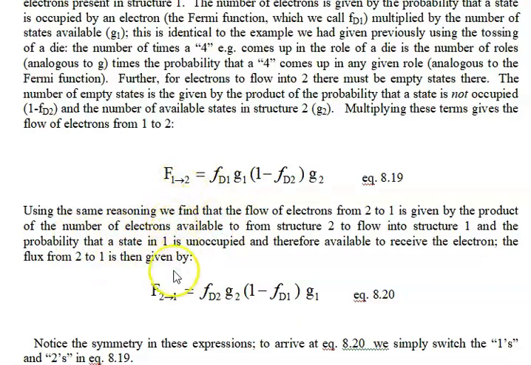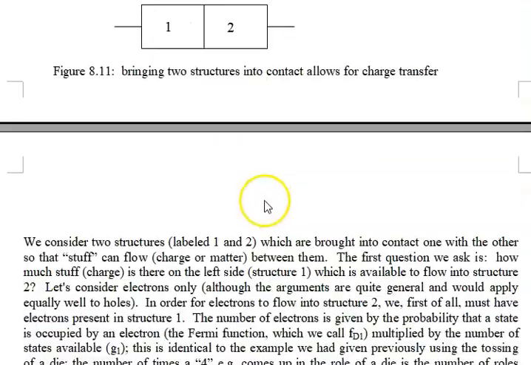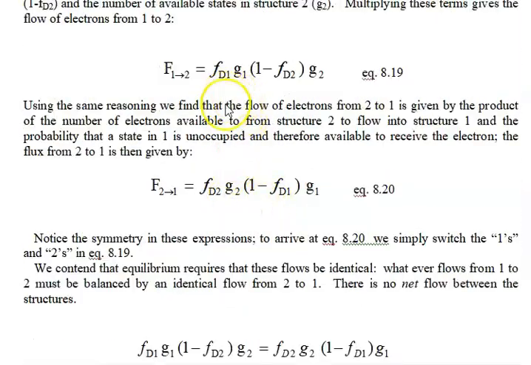Okay, now for flow from 2 to 1, we have exactly the opposite. So it's the same deal. In order to have flow from 2 to 1, we have to have a high probability of states being occupied in component 2. We have to have a lot of states in component 2.